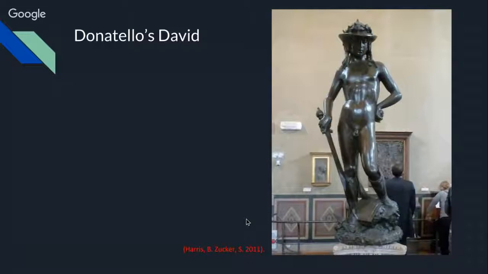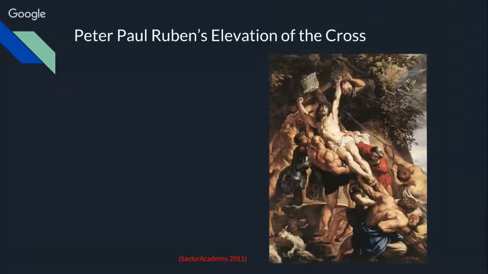So let's go on to the third one. The third one is Elevation of the Cross. Elevation of the Cross is a Catholic painting, and it was created in the 1600s. This painting was created by the artist named Peter Paul Rubens.